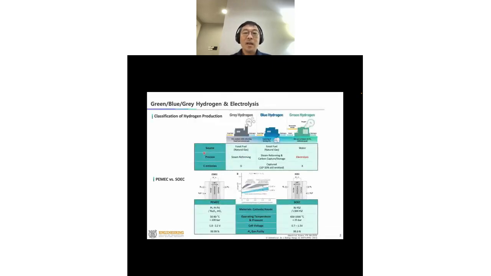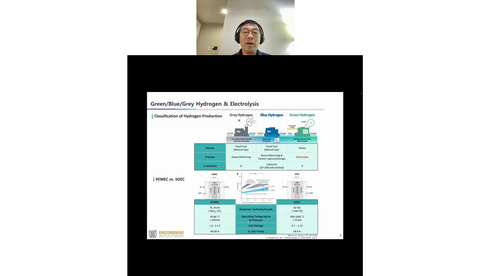To begin, a little bit of introduction of the background. You all know that when you make hydrogen, there is so-called gray hydrogen, blue hydrogen, or green hydrogen. People just name the hydrogen with different colors.